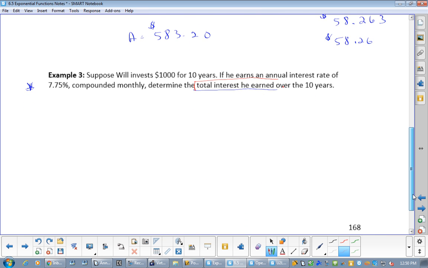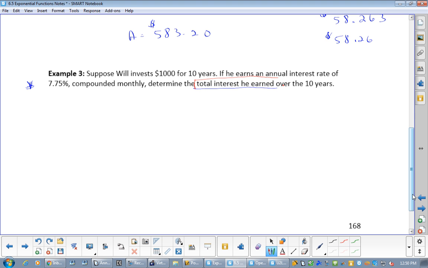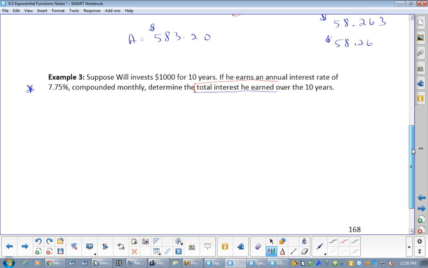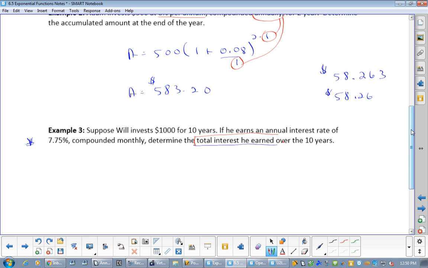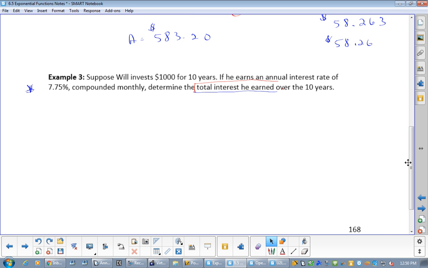Now, total interest he earned, get almost heightened with that question. That's not the amount he now has. We know he now has $583, but he did not make 583. Okay, let's do this one. Get the formula down: A equals P(1 plus i) to the n.